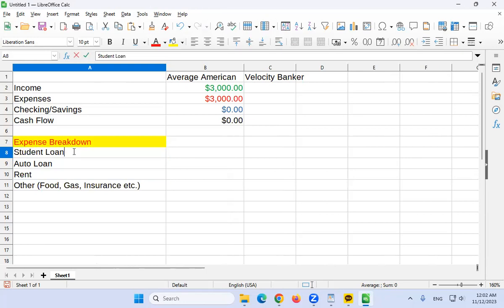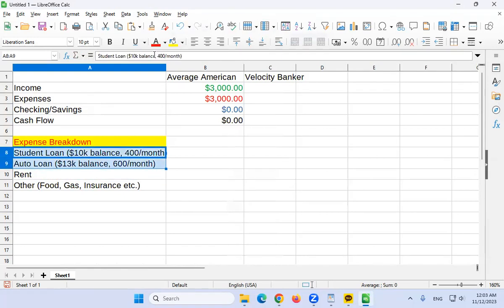And then we'll put in some other figures, like student loan is a 10K balance at 400 a month. And then the auto loan, very similar. So auto loan will be 600 a month at a 13K balance. These are only two debts.